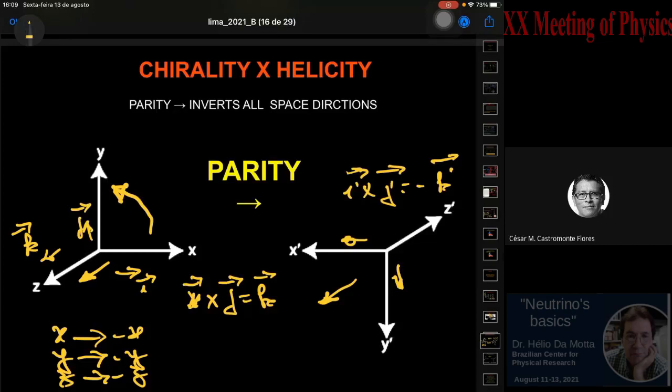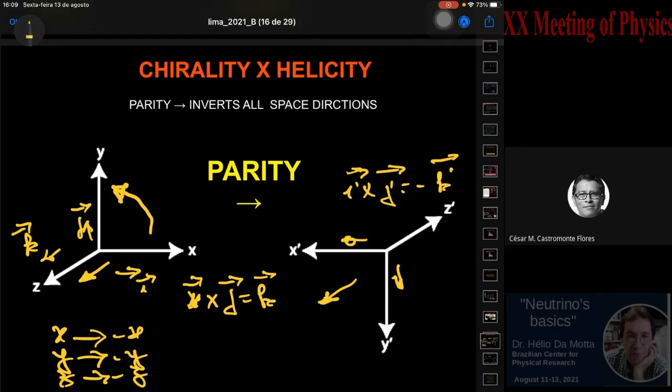In quantum physics, we represent a particle, be it an electron or a neutrino, by a wave. Maybe you saw that already. And a wave is a function of x, y, z, and t. So we have a wave representing an electron.